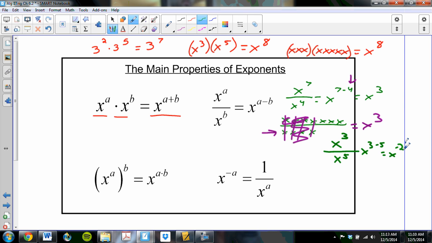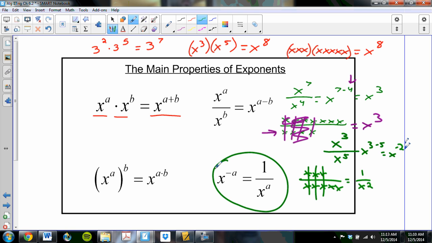Whenever we simplify, we're not going to have negative powers. If I think about what's really happening here, there's 3 x's on top, there's 5 x's on the bottom. Take away, take away, take away. I'm left with 2 x's on the bottom. It really becomes 1 over x squared.